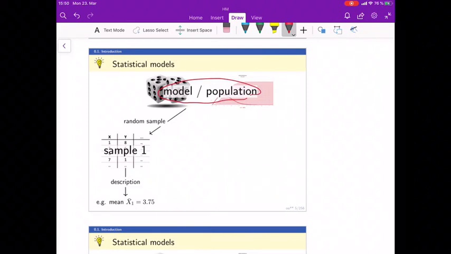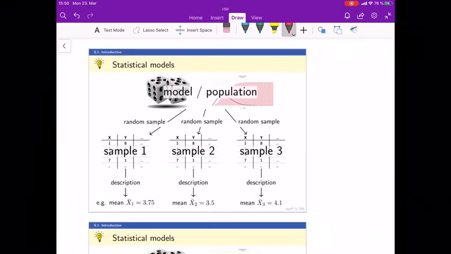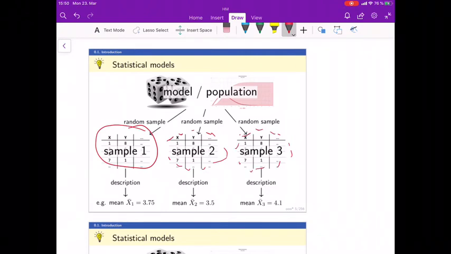That's the interesting bit. And then by exploring this, we're going to think about our sample, sample 1, it's just one of many samples. We also could have had another sample or an even different sample. So we're going to try to use these descriptions of sample 1 that we have to think about other possible samples and what they would look like to find out how strange our sample is.